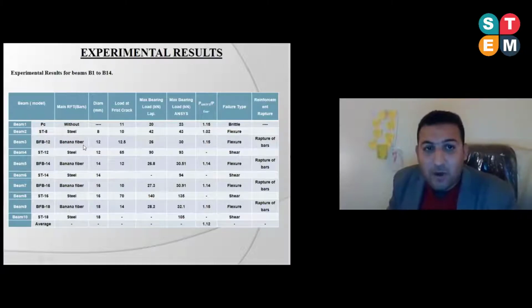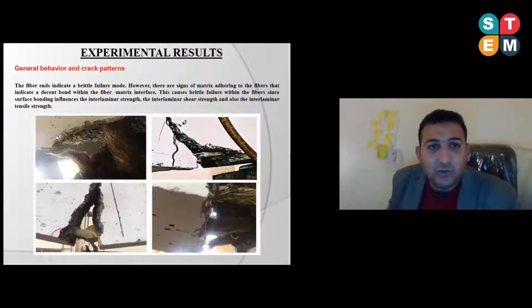Without steel, with steel, banana fiber bar, steel, banana fiber bar with different diameter. The load, the first crack, and the maximum loading crack, and failure load, and the behavior of that load. We can see from this figure that it indicates the brittle failure mode.